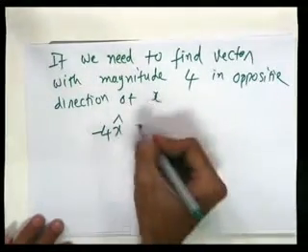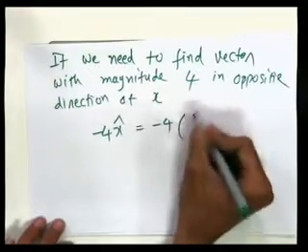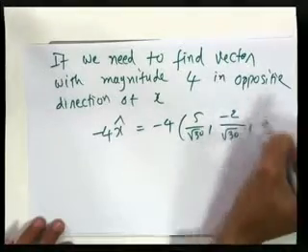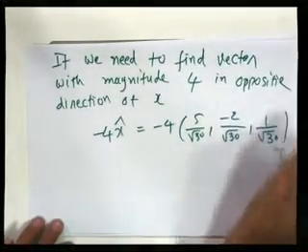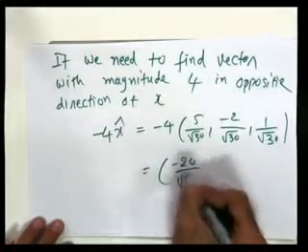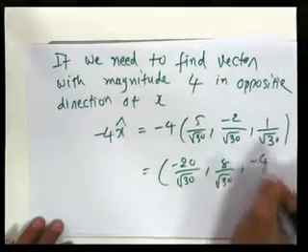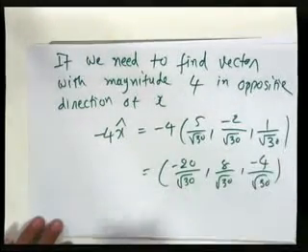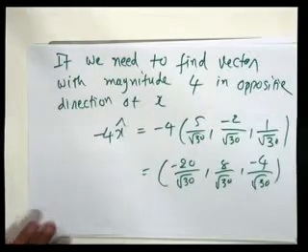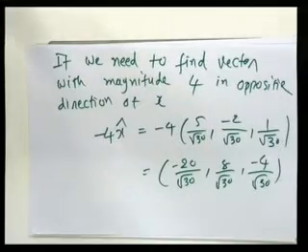So we just need to multiply minus 4 with 5 upon root 30, minus 2 upon root 30 and 1 upon root 30. So it is equal to minus 20 upon root 30, 8 upon root 30 and minus 4 upon root 30, which represents the vector which has the magnitude 4 and the direction opposite to x.